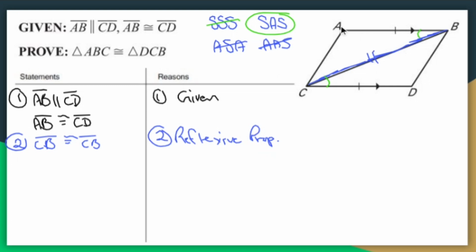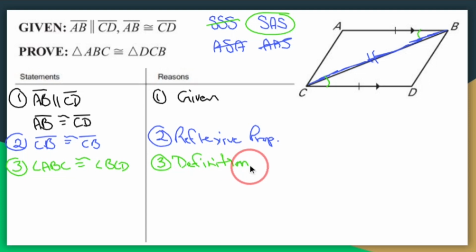Now I could say that angle ABC is congruent to angle BCD, and that is by definition of alternate interior angles. Those parallel lines make this happen. If your teacher lets you use shortcuts, take advantage of that.